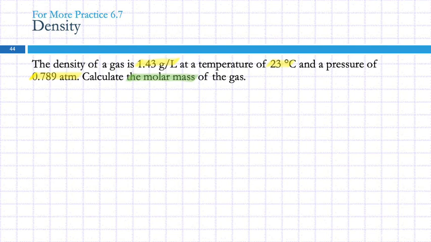Again, you could use that equation, but like I said, my brain just does not remember that. So I would look at this problem and say, they want the molar mass. Well, what is molar mass? Molar mass equals the mass in grams divided by the number of moles, right?